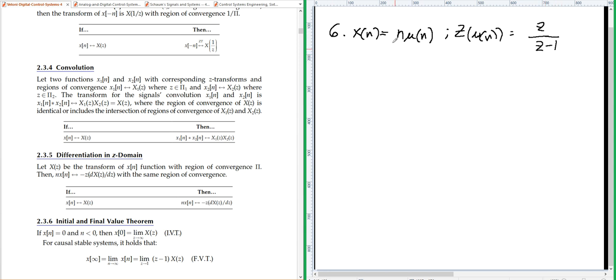If you have a value n multiplied to u[n], to get the z transform of that, you make use of this property: the z transform of n u[n] is negative z times the first derivative of X(z) with respect to z.